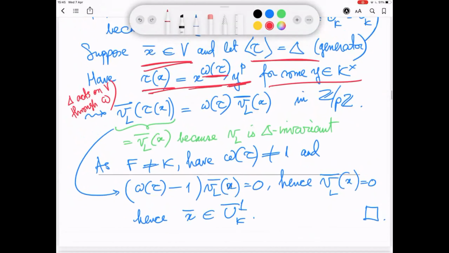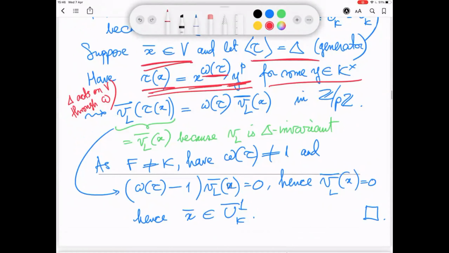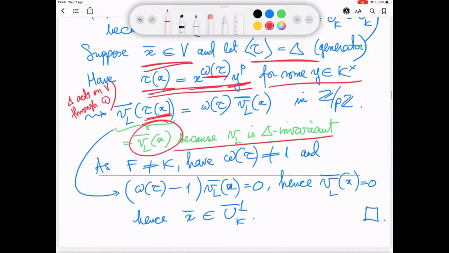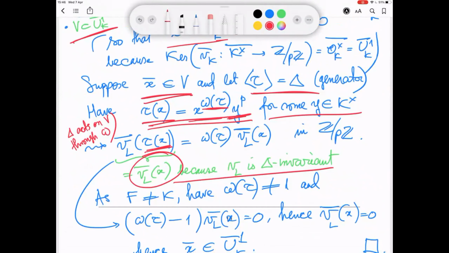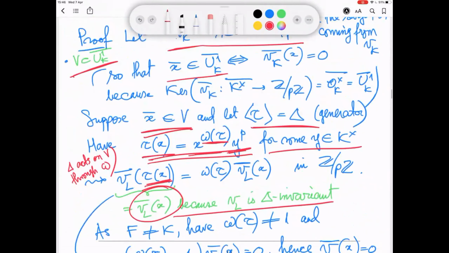So let's just take the valuation of both sides here. The valuation of tau of x is, of course, equal to the valuation of x itself, because the valuation, why is it called L? Here, perhaps L is okay. Did I introduce this notation?